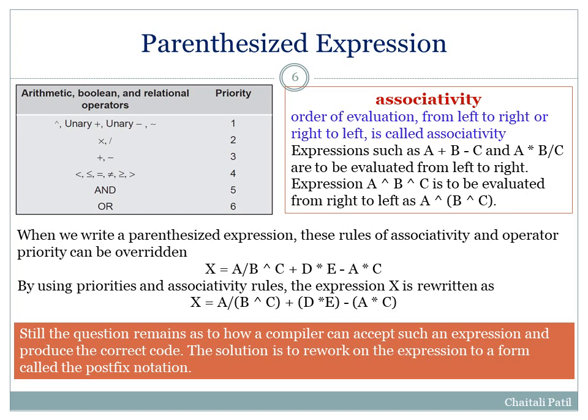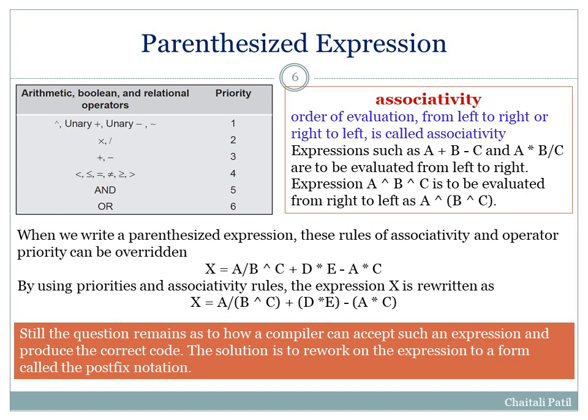Here, we have to evaluate the expression from right to left. So, associativity for this example is from right to left. So, while solving the arithmetic expression, we need to consider the associativity and operator priority. If the expression is a parenthesized expression, then the rules of associativity and operator priority can be overridden.